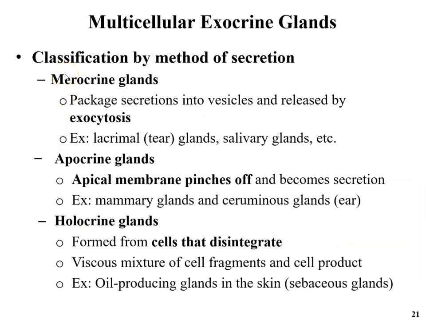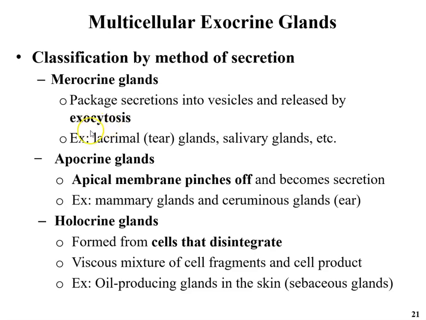We classify multicellular exocrine glands by their method of secretion. So you have merocrine glands, apocrine glands, and holocrine glands. So in merocrine glands, these package secretions into vesicles and then release those vesicles into the duct by exocytosis.